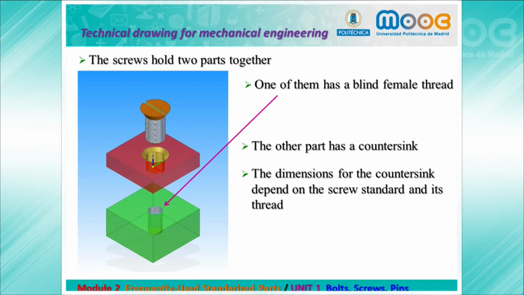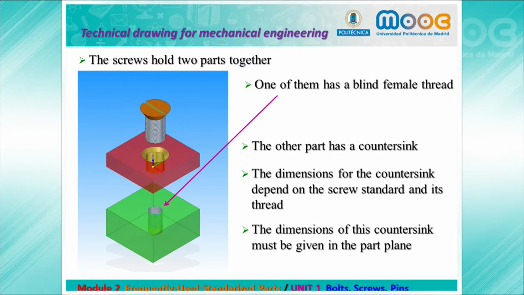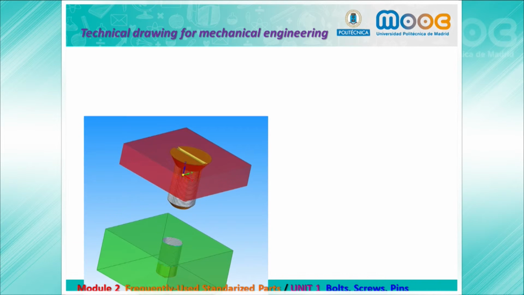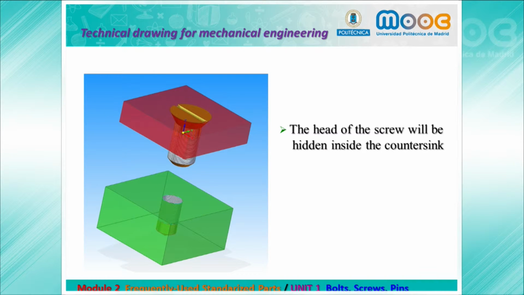The dimensions of this countersink depend on the screw standard and its thread. The dimensions of this countersink must be given in the part plane. As you can see, the head of the screw will be hidden inside the countersink.